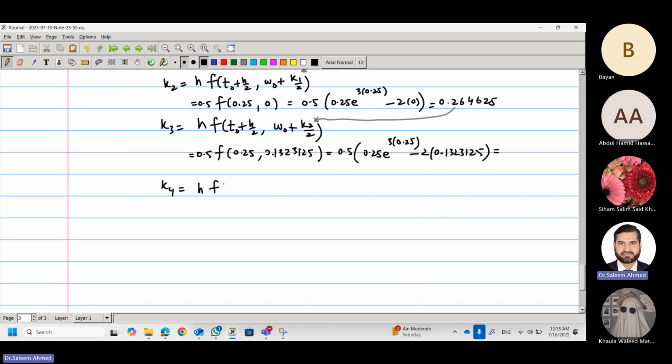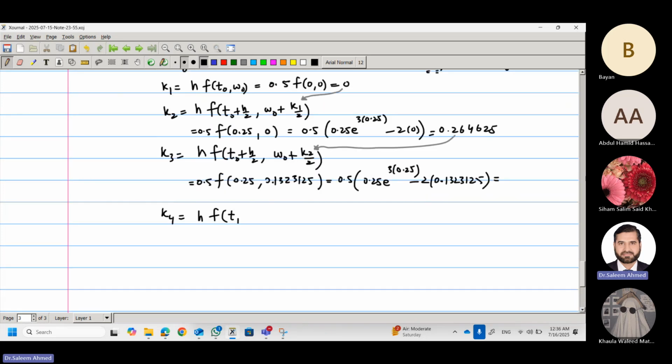K4 has H of f at T1. You start from T0. In the Runge-Kutta method, you have T0 and T1. For K1 you use T0, for K4 you use T1.